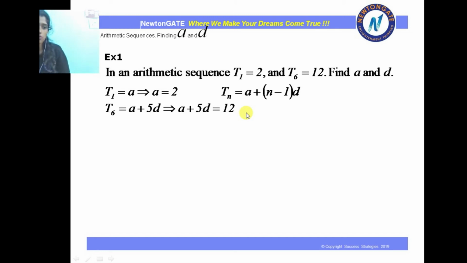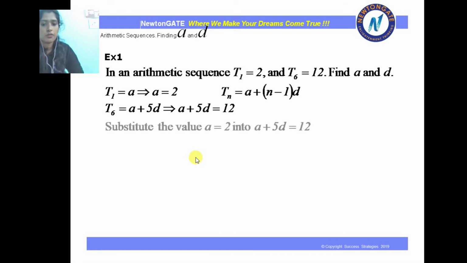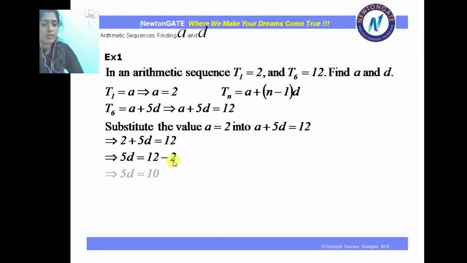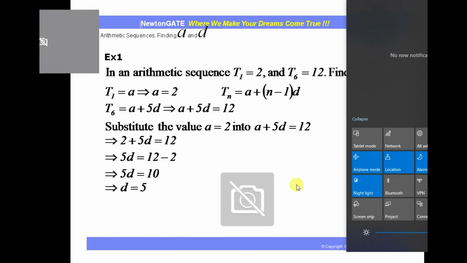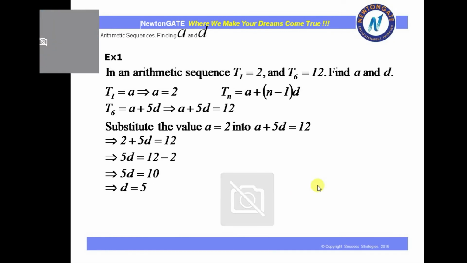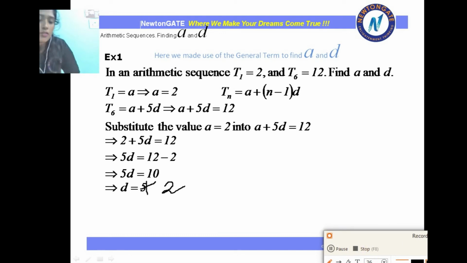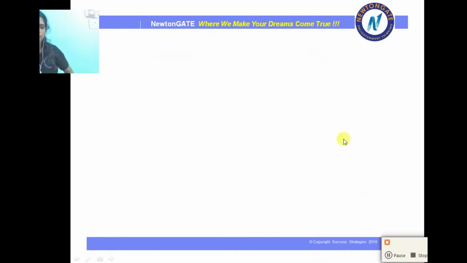So we can put the value of A here, and we arrive at 5D equal to 12 minus 2, that is 10, and hence D is 2. So the common difference will be 2. Let us move forward, and see what we have next.